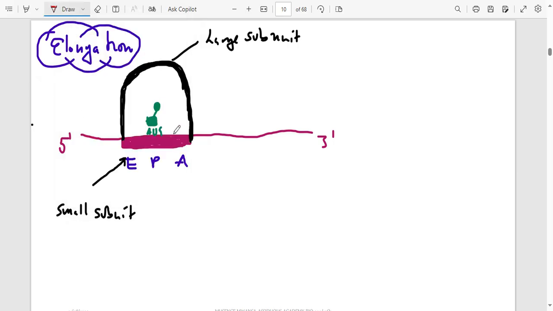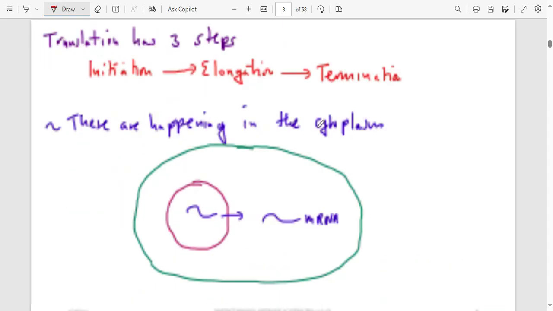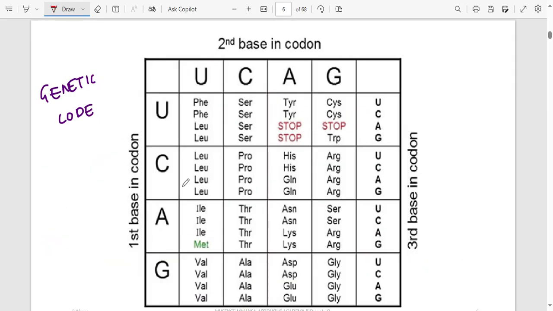Let's say, for example, you have got U, C, C. So you are going to go to the genetic code. You want to find out what UCC means. The first letter is U. The second letter is C. The third letter is also C, UCC. Can you see the amino acid? It is serine. So if we read UCC, it means that serine is going to be brought.